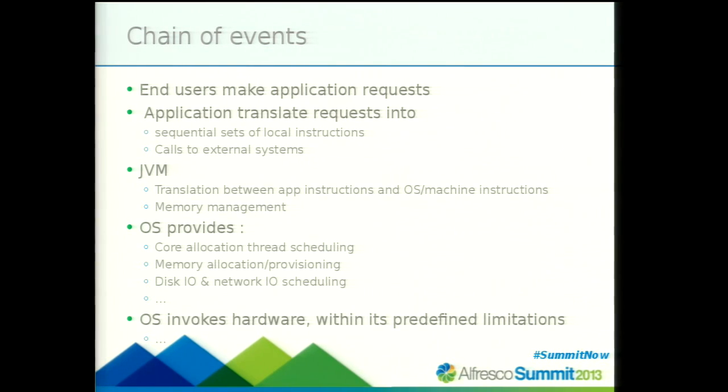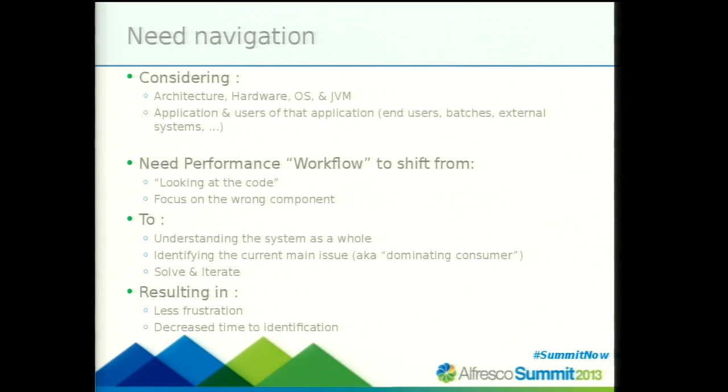And the OS itself is going to invoke the hardware with the predefined limitation that we talked about earlier. So that's basically the chain of events that will happen when you launch the test. And when you consider all of this, my thought is that you need navigation. You can't just go about and look at the code and try to figure out what the problem is.